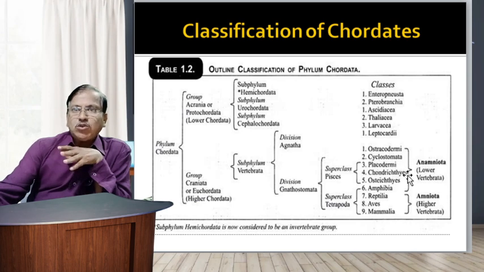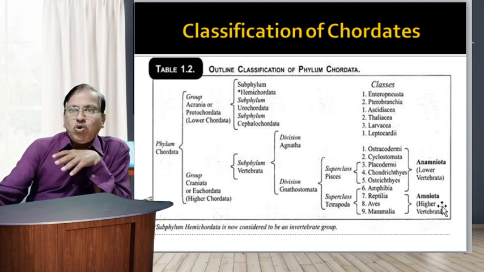Ostracodermi, Cyclostomata, Placodermi, Chondrichthyes, Osteichthyes and Amphibia together are called Anamniota. They are the lower vertebrates. The classes Reptilia, Aves and Mammalia are combined to form Amniota, the higher vertebrates.